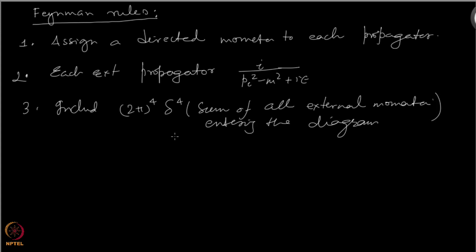Okay, and then include d4qi over 2 pi to the 4 for each undetermined loop integral, for each loop.